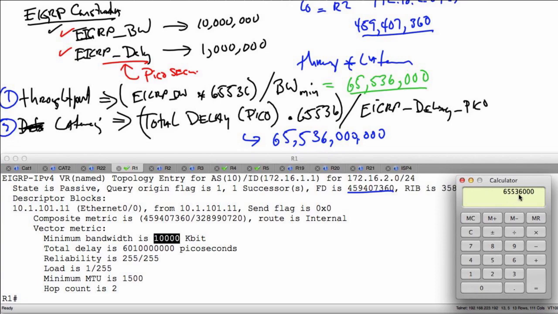And that gives me 65,536,000. So that part looks right.